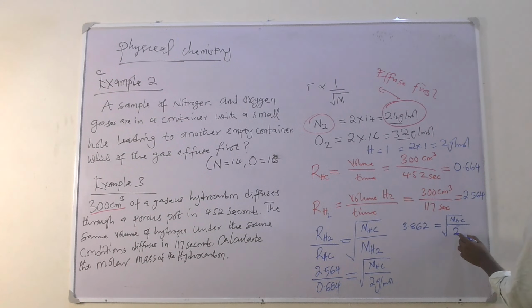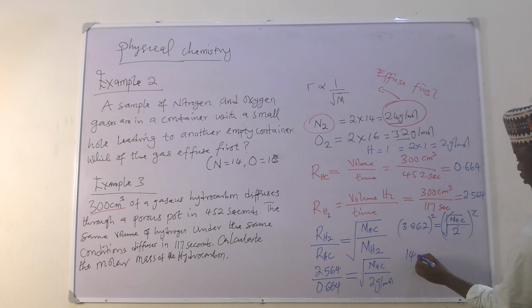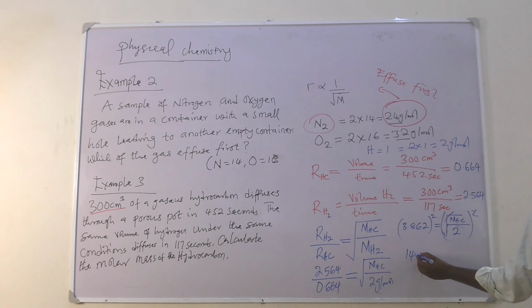What we are trying to get is the molar mass of the hydrocarbon. So we are going to square this to clear the square root. The square of 3.862 is going to be 14.91.